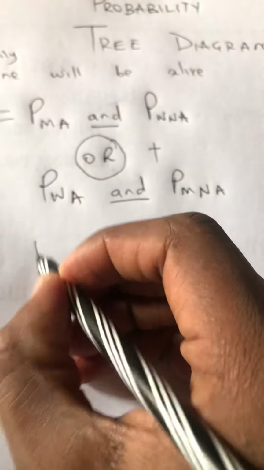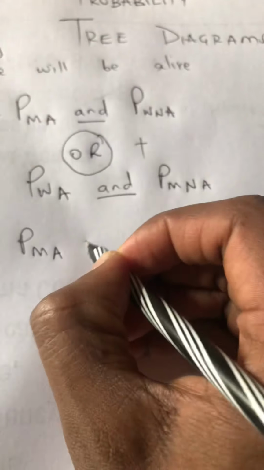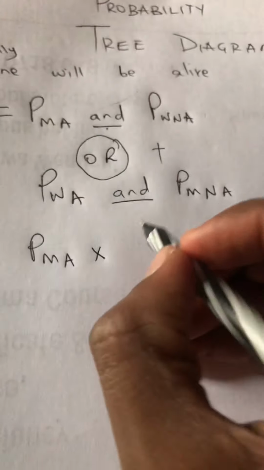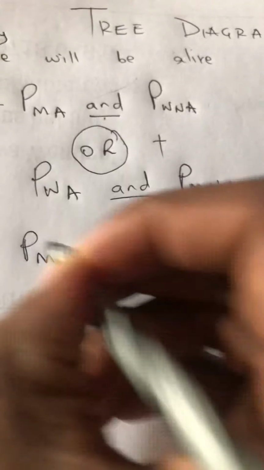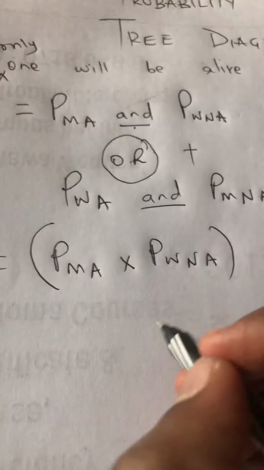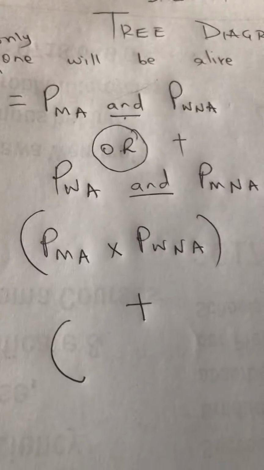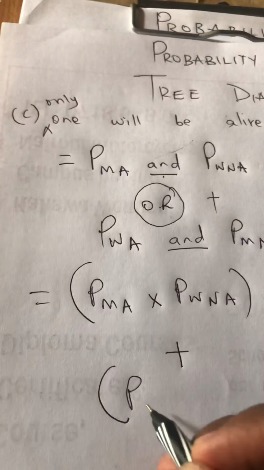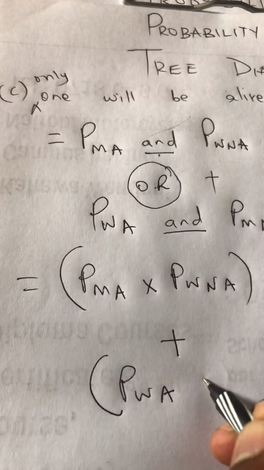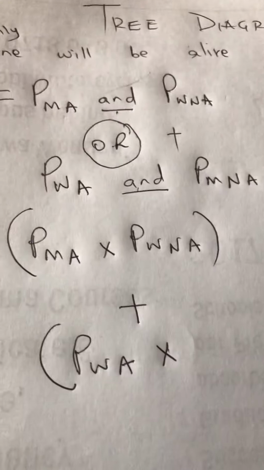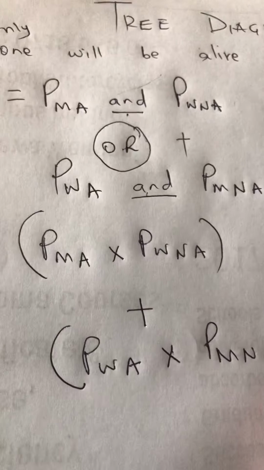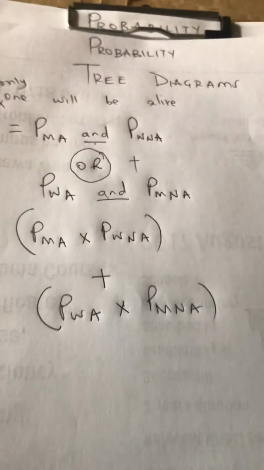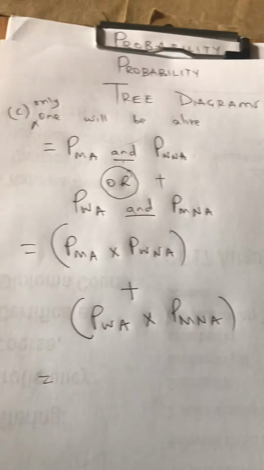So this will be probability man alive multiplied, because of "and", by probability wife not alive. "Or" means now addition, so add probability wife alive multiplied by probability man not alive, because "and" means multiplication. Hapo sawa? Nice one.